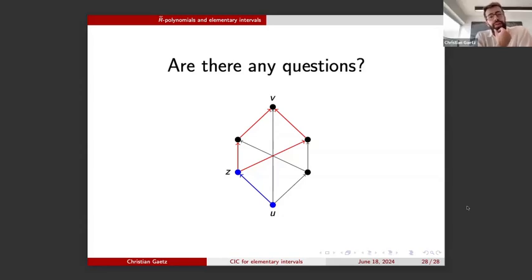I haven't thought about that. I have wanted to think about Kazhdan-Lusztig polynomials of matroids. The problem is that I don't know what the right question is, because they are manifestly combinatorially invariant. The definition is combinatorial in this sense, so the question would really be, does this mean anything reasonable for matroids?